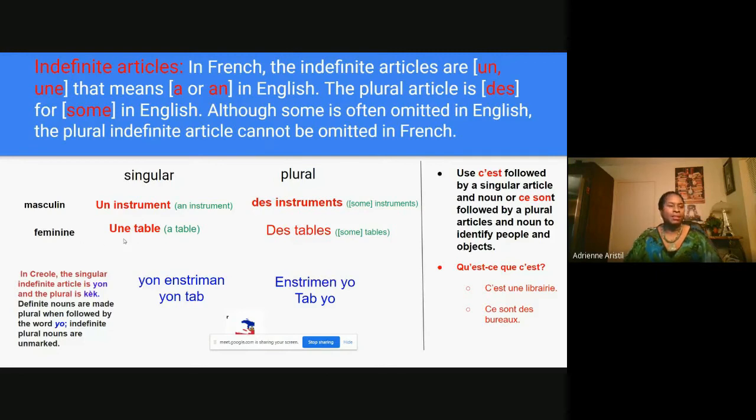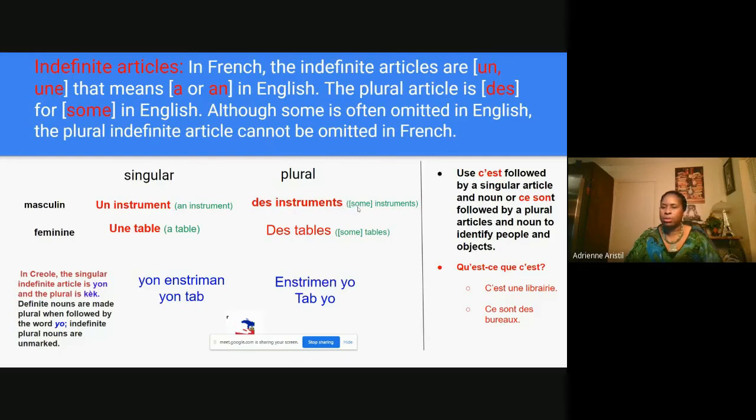Feminine singular, you will say une table. Une table. For plural noun, you will say des instruments. You use des for masculine plural.